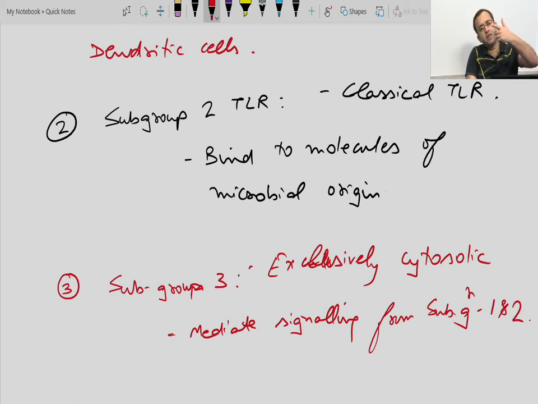So subgroup 1 was interleukin binding, subgroup 2 bound directly to molecules of microbes, whereas subgroup 3 mediate signaling from subgroups 1 and 2. These are the toll-like receptors.